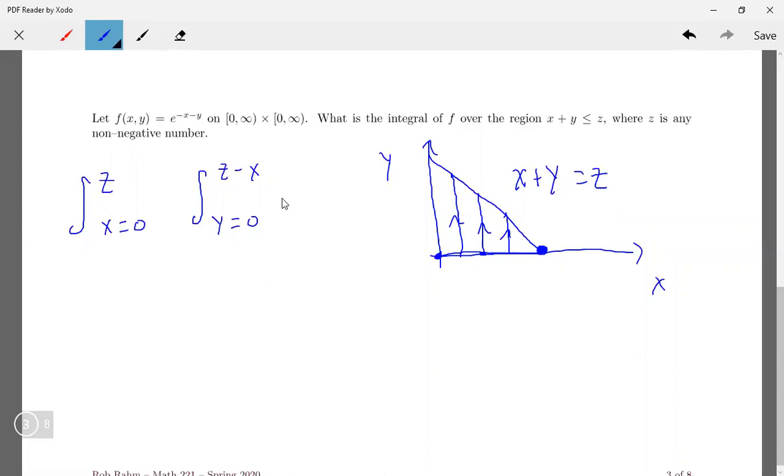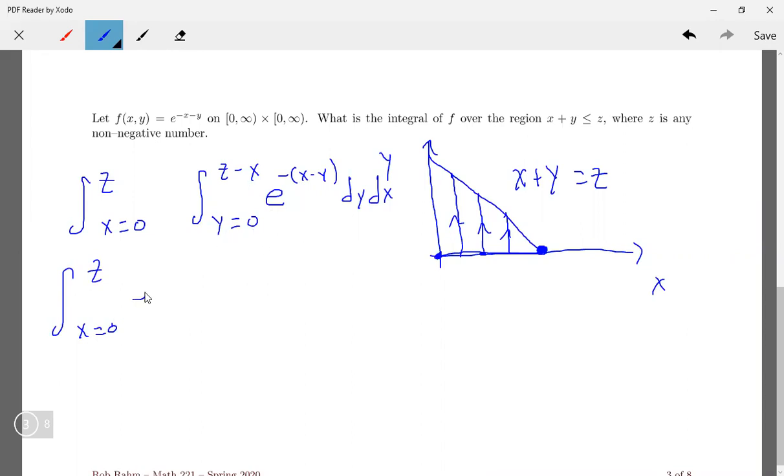So that's z, and then this is the integral of e to the minus x minus y dy dx. And again, we're just going to look at the inside integral. The outside integral is still x equals 0 to z. The antiderivative of this is minus e to the minus x minus y, and we're going from y equals 0 to y equals z minus x.